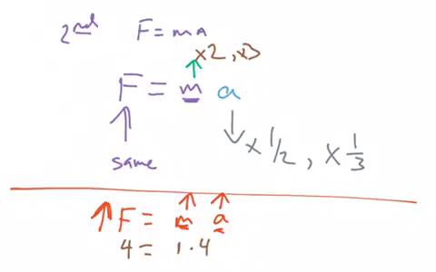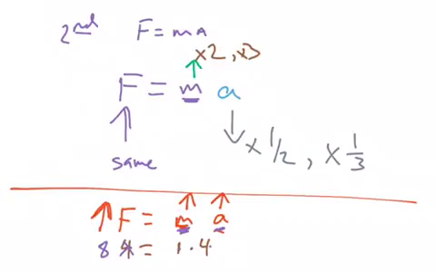What does that mean if I increase the force to 8? Well, I either double my mass or I have to double my acceleration. If I double the mass, this would be 2 times 4, which is 8. And if I doubled my acceleration, this would be 8 times 1, which is 8. In either case, that's all that's going on there.